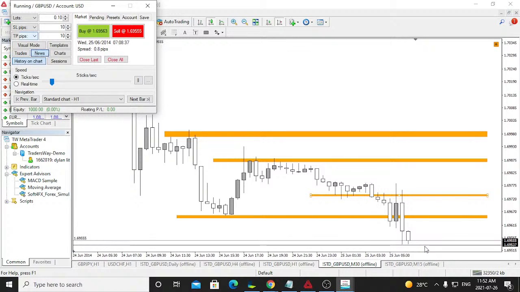So this is 1, small loss, 2, break even, 3, small win, or 4th, big win, right? So this is a very good way to manage risk.